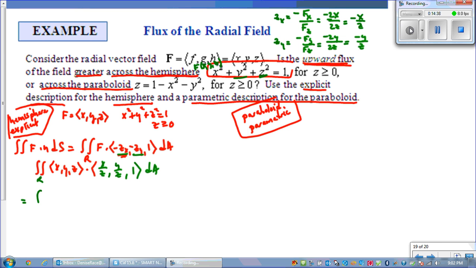Okay, so to find the double integral, we will have x squared over z plus y squared over z plus z. Common denominator.